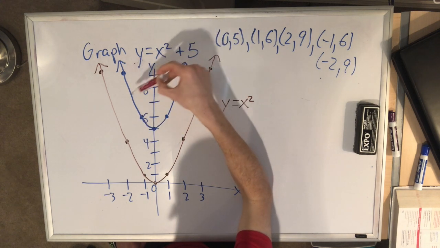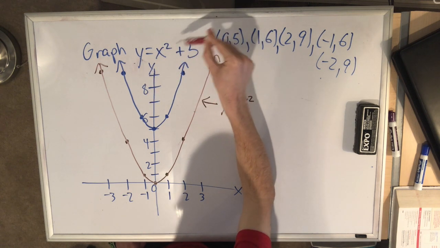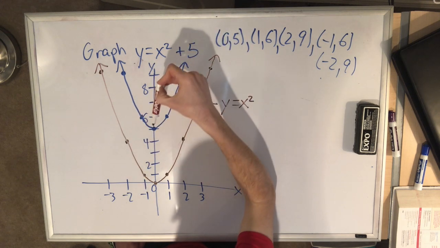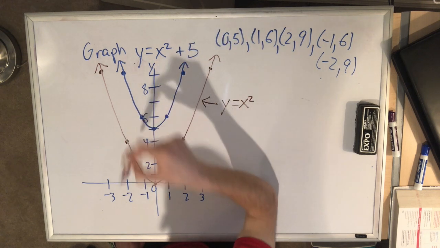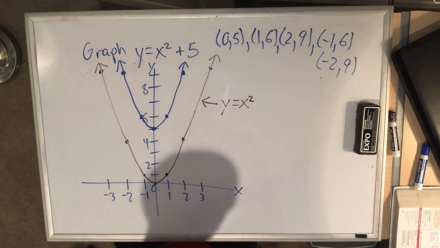So the graph gets shifted up. If you add a negative number to a function, it's a vertical translation downwards, so the graph gets shifted down. All right, so that's what you do in a situation like that.